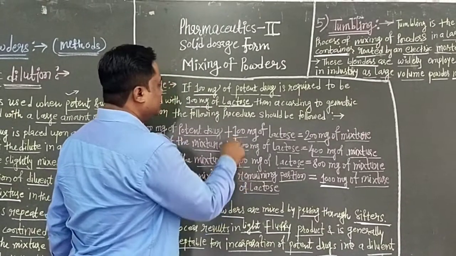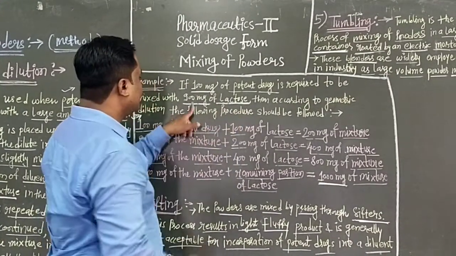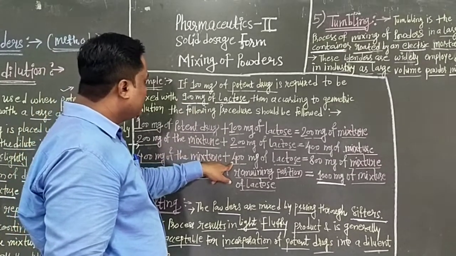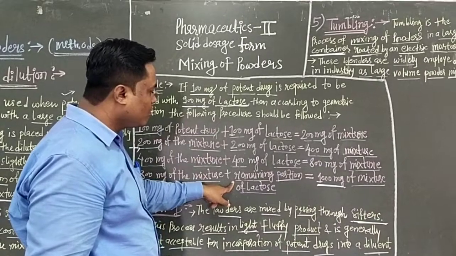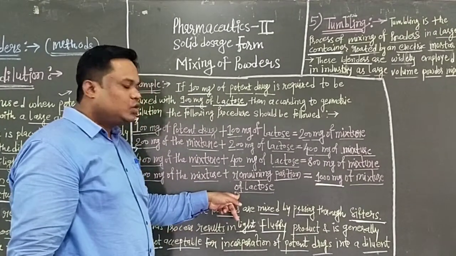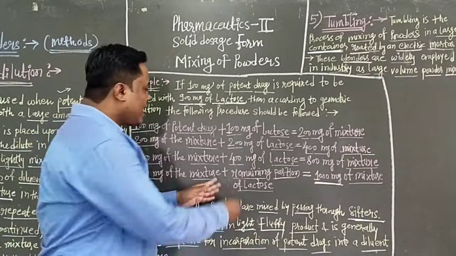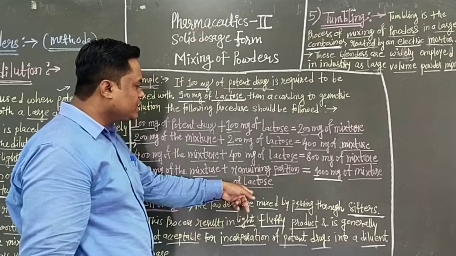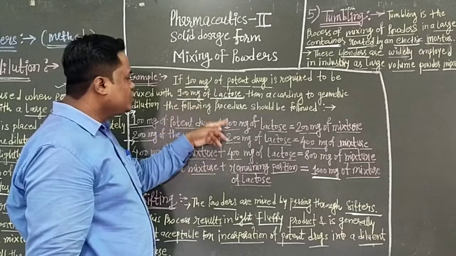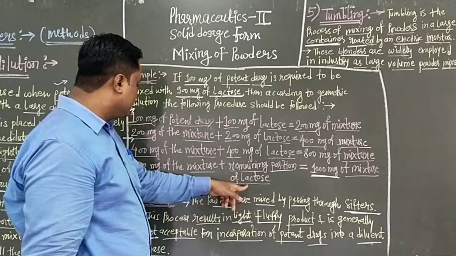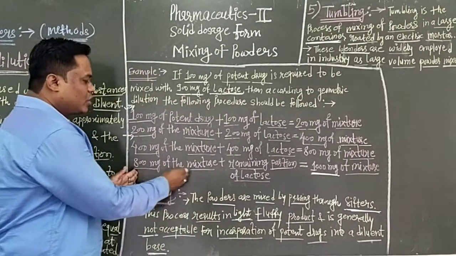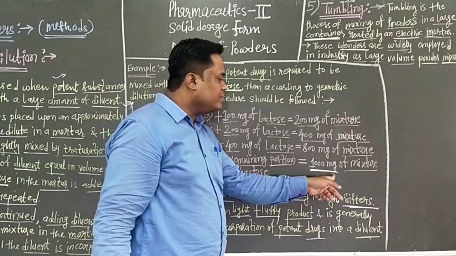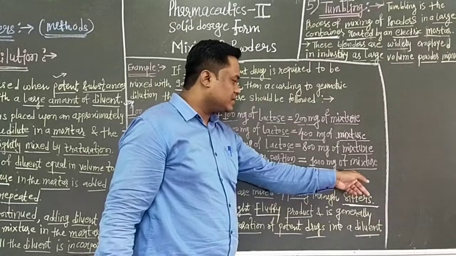This 700 is subtracted from 900, means 900 mg of lactose minus 700 mg of lactose. The remaining portion of lactose is 200 mg. This remaining 200 mg of lactose is added to the 800 mg of the mixture. It gives 1000 mg of the mixture.